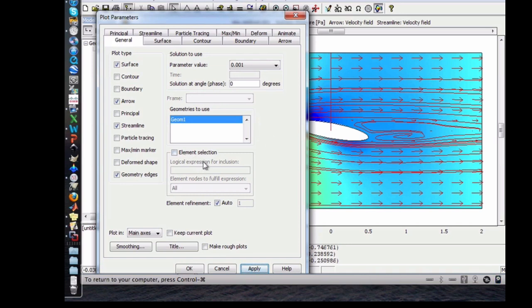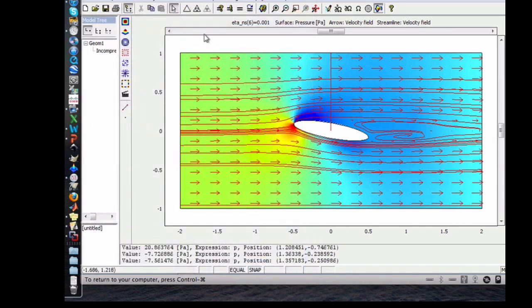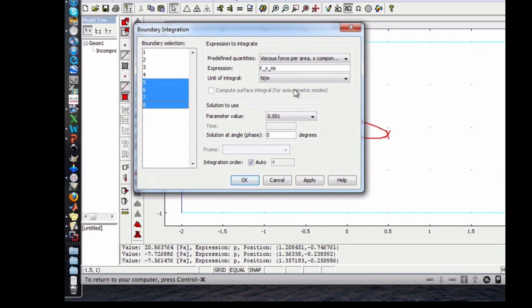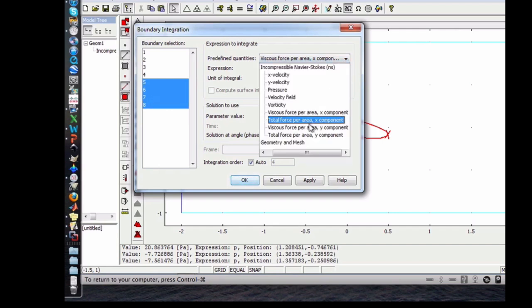So what we can also do with these different magnitudes is calculate what the drag components are. It's not so obvious to you maybe, but if we want to calculate the magnitude of the total force per area in the x component, so x is horizontally, and since our flow velocity is horizontal, this would be drag, this would be lift, right, total force.